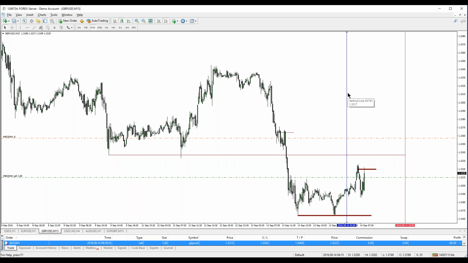Now, again, this blue line here, sticking true to the format I started with this mentorship when I gave the first video, outlining what we're looking for in a true day. True day is the daily range parameters.